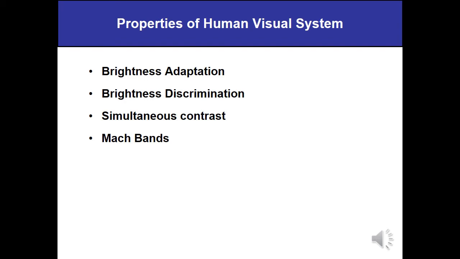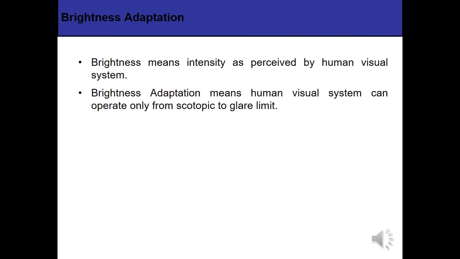So let us proceed with brightness adaptation. What do you understand by brightness? Brightness means intensity as perceived by the human visual system, and brightness adaptation means the human visual system can operate only from the scotopic to the glare limit.